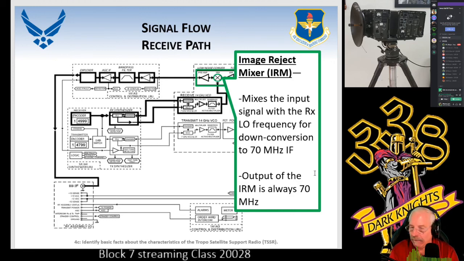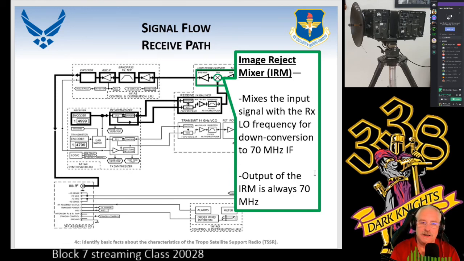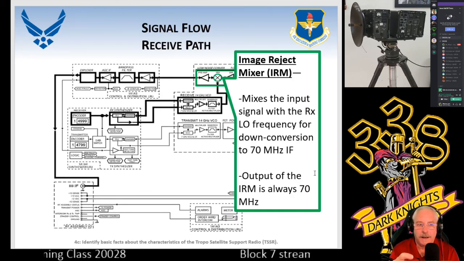And I'm just going to give you a wild figure here. So if you had 15 gigahertz dialed in on your receiver, the pre-selection is going to let the 15 gigahertz come through and arrive at the IRM there.